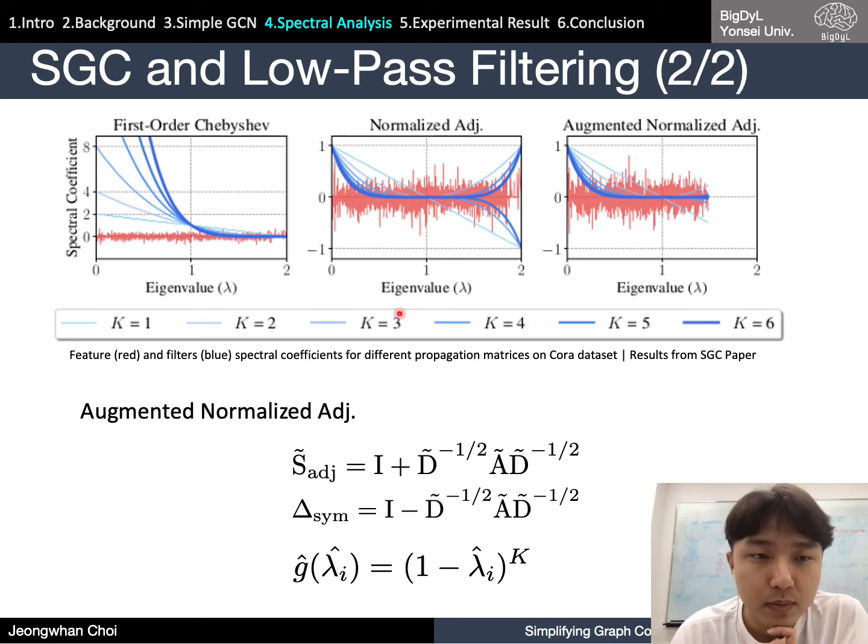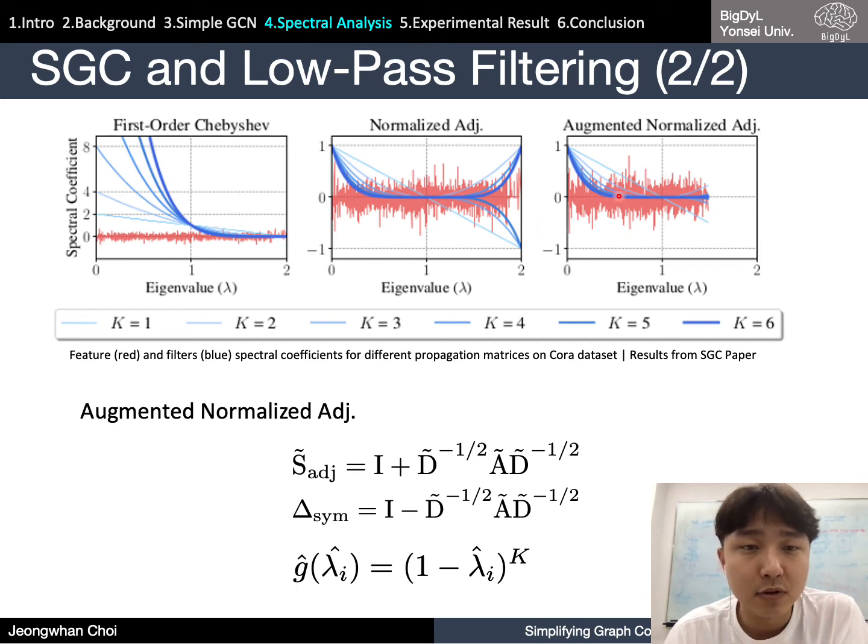On the figure above, the symmetric normalized adjacency matrix corresponds to filters in the spectral range from 0 to 2. Therefore, odd powers of the normalized adjacency matrix yield negative filter coefficients at frequencies where lambda is greater than 1 here.